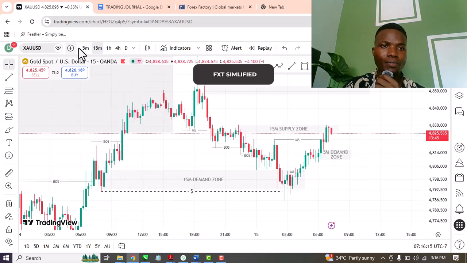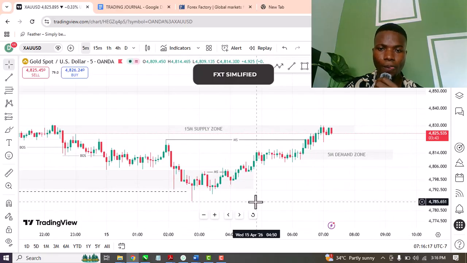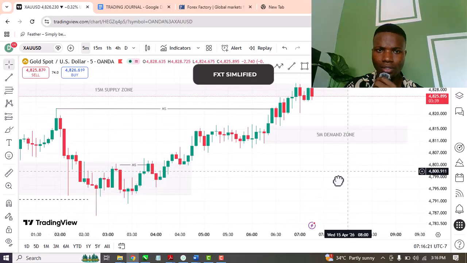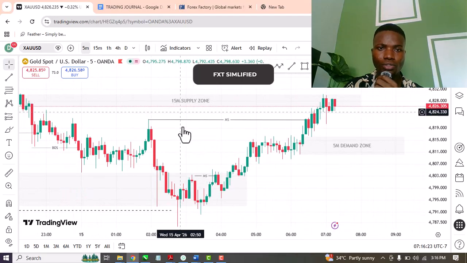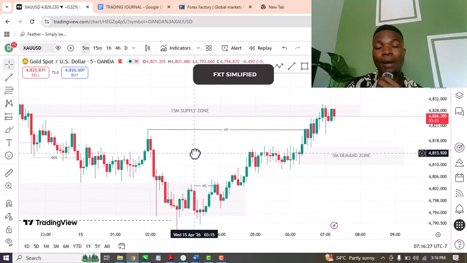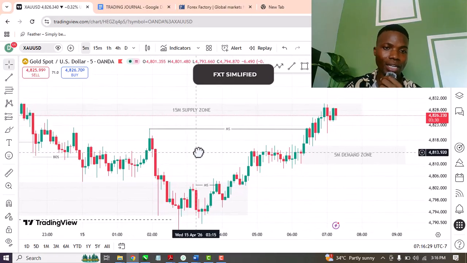Then if I move down to 5 minutes now, what is price doing? Price has already tapped into this 15-minute supply zone, and I'm anticipating to buy this market, right?